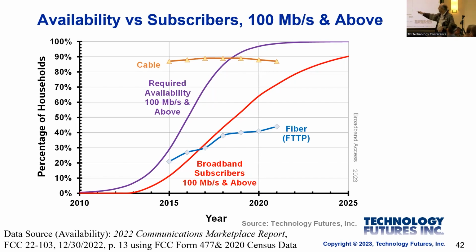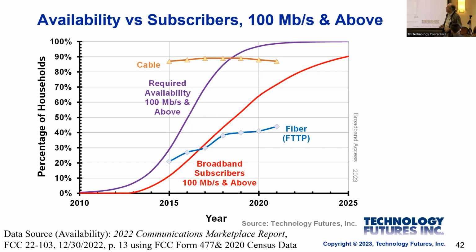On the other hand, fiber, which is needed to provide 100 megabits per second service because DSL won't cut it, that industry, basically the telephone companies, we're only at 25% below the black line and then stay below it. So this is why DSL fell so quickly, and why cable has 65% of the subscription rates.